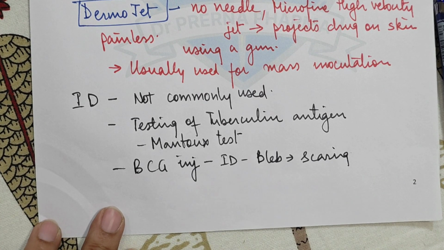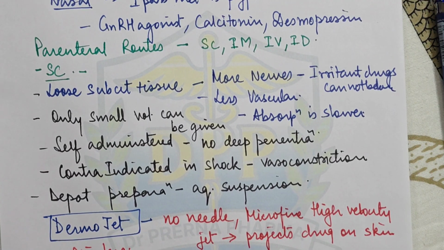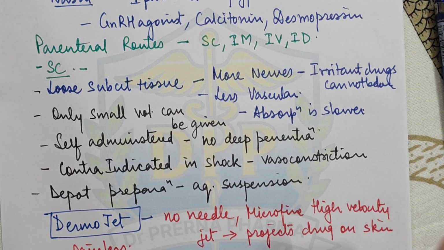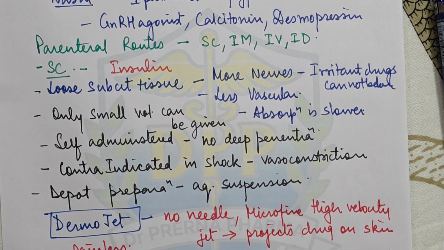This is used for specific purposes. The subcutaneous route is used in many conditions; most commonly, insulin is given by the subcutaneous route to patients with diabetes mellitus.